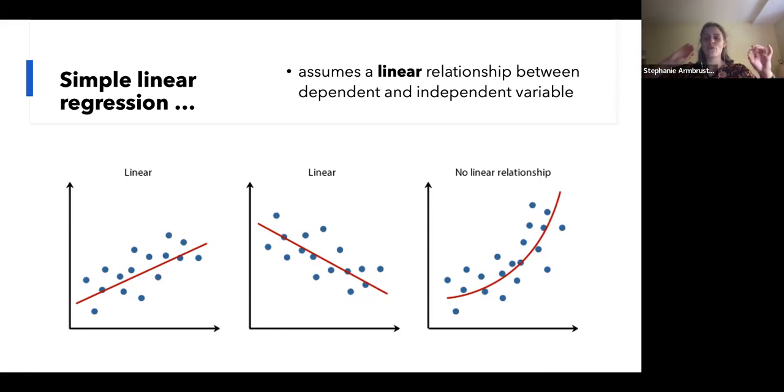But we want to find a simplified curve or a linear line, an actual line, to describe the underlying relationship if we forgot about all the noise that influenced our measurements. And ideally, in simple linear regression, we're looking for a linear line between the two.